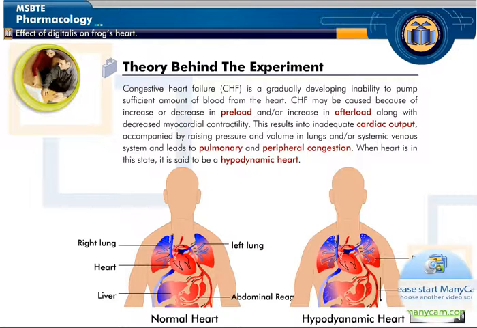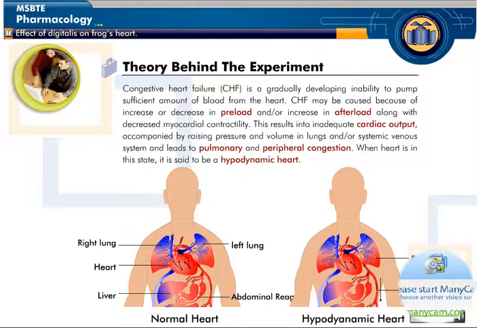Congestive heart failure, that is CHF, is a gradually developing inability to pump sufficient amount of blood from the heart. CHF may be caused because of increase or decrease in preload and or increase in afterload along with decreased myocardial contractility.